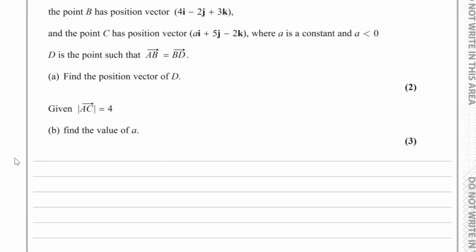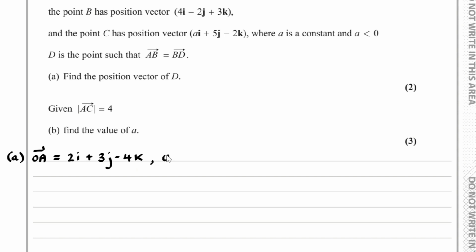Well, for part A of the question, I know that the vector OA is equal to 2i plus 3j minus 4k.